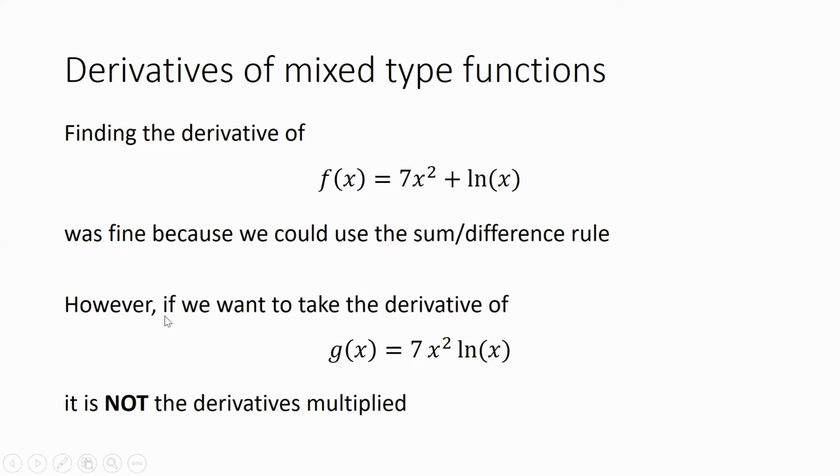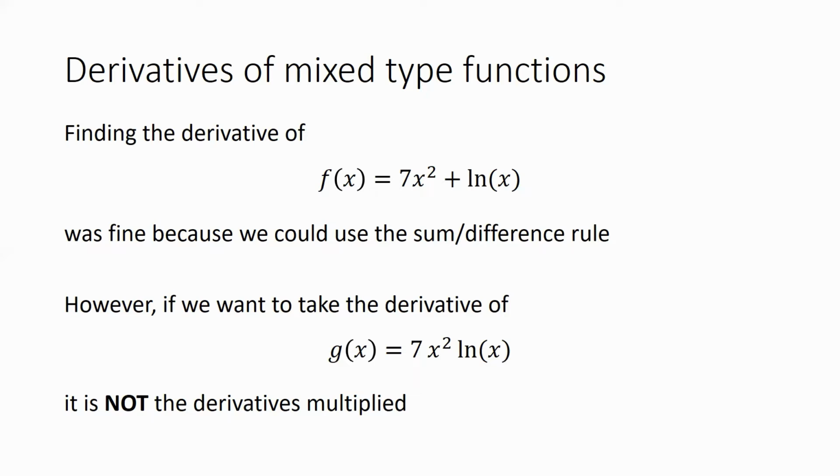However, it turns out if we want to take a derivative of a function like g of x equals 7x squared times natural log of x, it's more difficult. In fact, the derivative you would anticipate may be to just take the derivative of the 7x squared and then times it by the derivative of natural log.